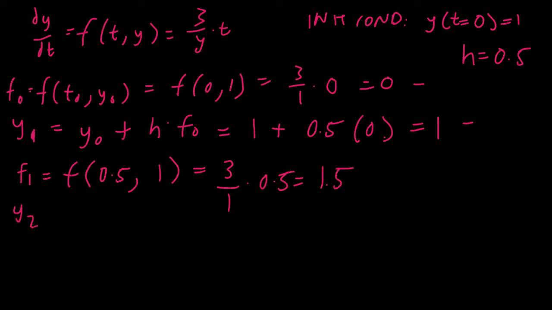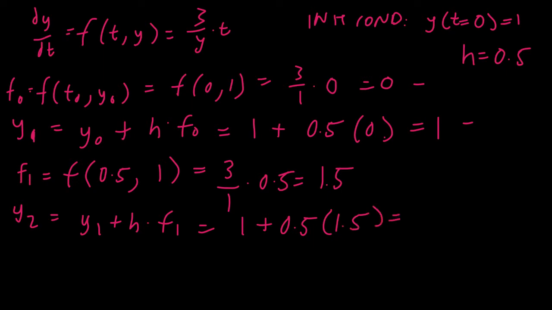We then go about computing y2, and we get y2 is equal to y1 plus h times f1. So we've now computed y1 and f1, and we plug those in, and we get y2 is equal to 1 plus 0.5 times f1, which is 1.5.